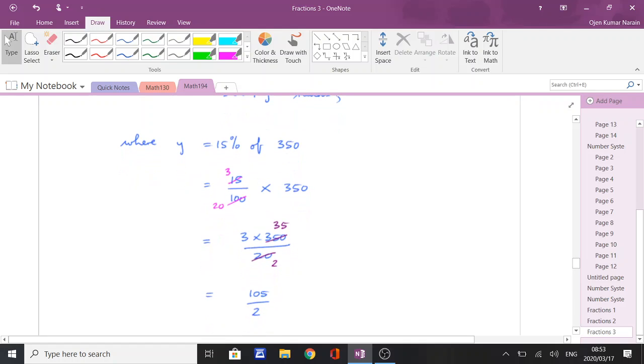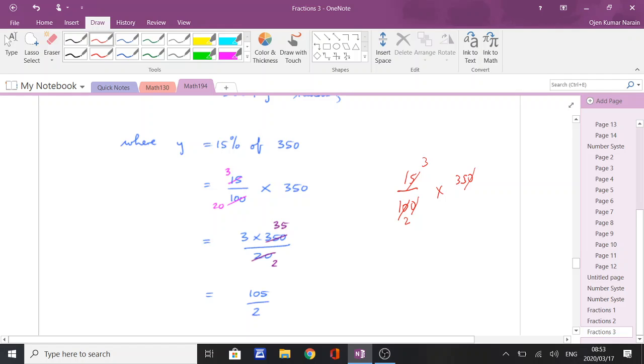And here again various ways of doing it. 15/100 times 350. So you cancel the zeros there. 5 goes there 2 times, 5 goes there 3 times.